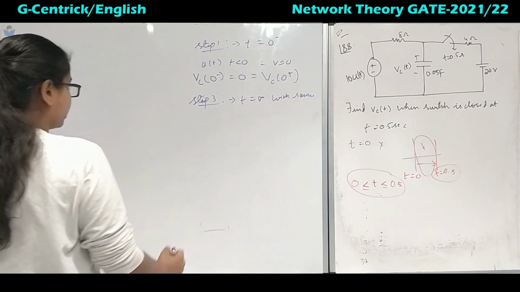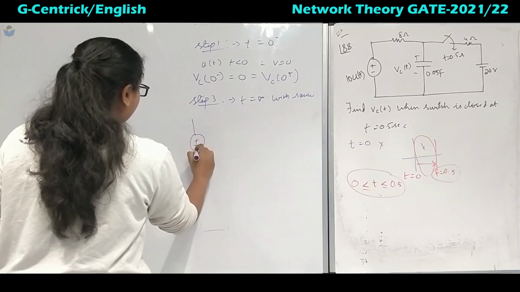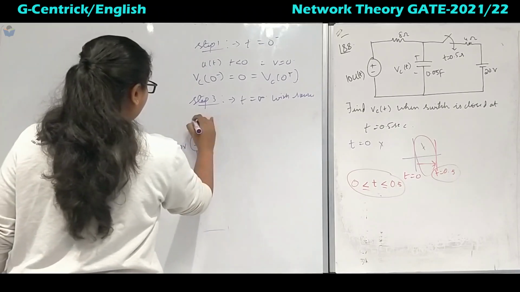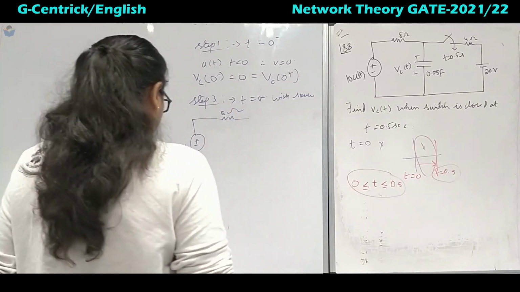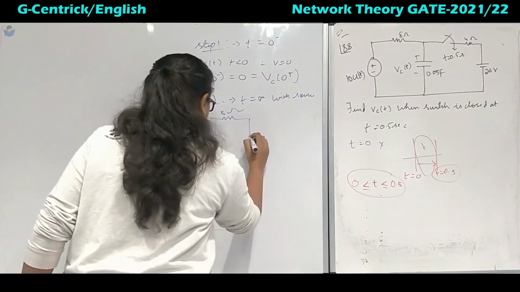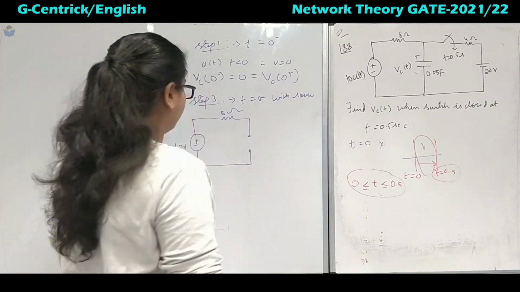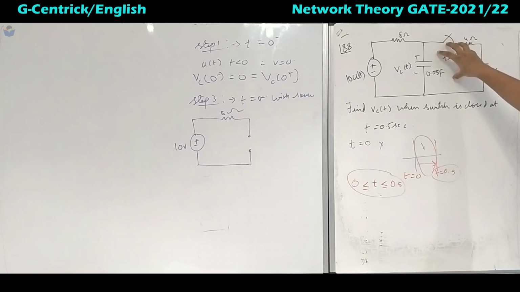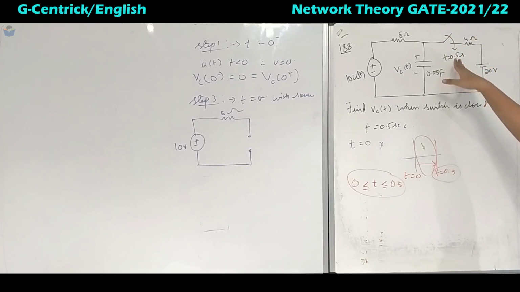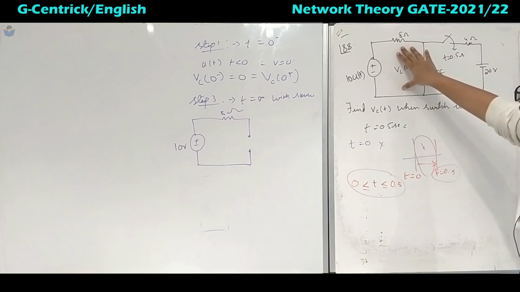So the capacitor is replaced with open, and here it is 10 volt and here it is 8 ohms. This portion of the circuit we are not considering because it will be closed at t is equal to 0.5. So we only need till here.